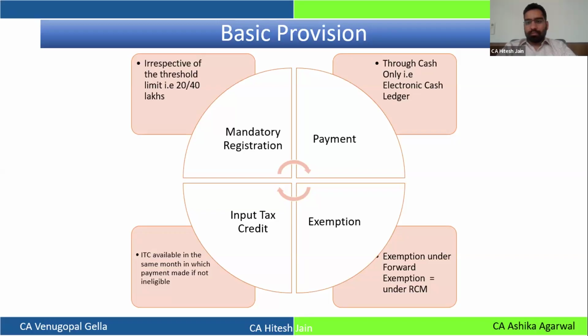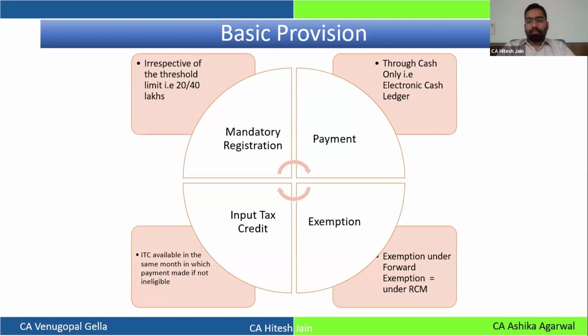So irrespective of those facts, if you are receiving any notified goods or services which are covered under RCM, you have to pay the tax, you have to take a registration, and you have to do the compliances respectively.